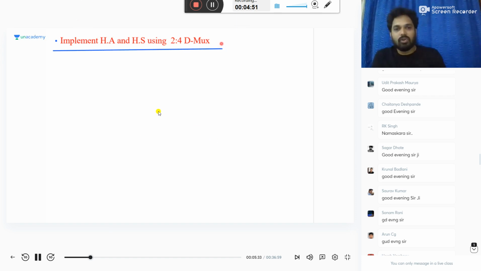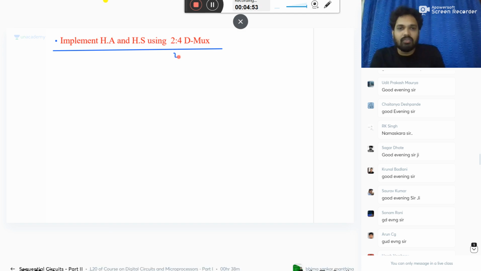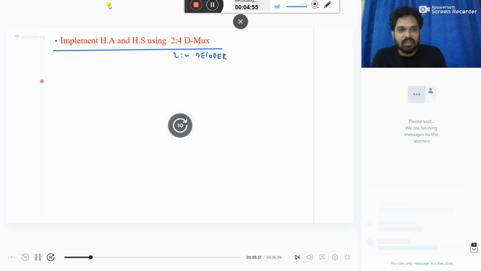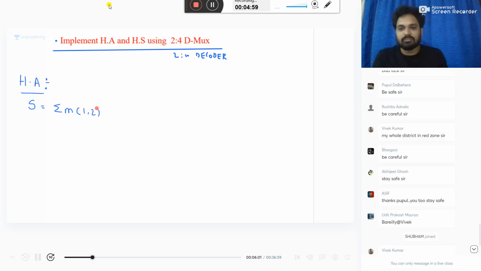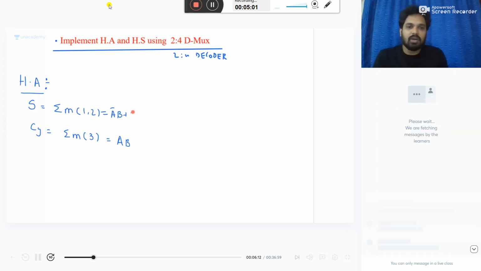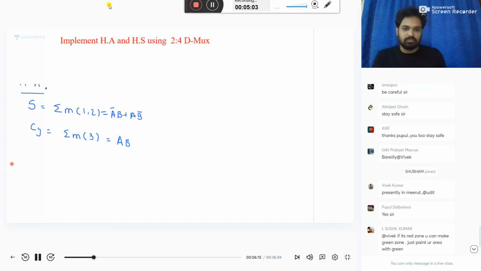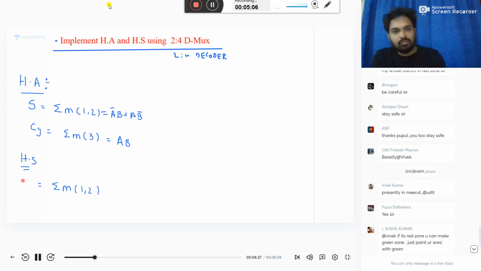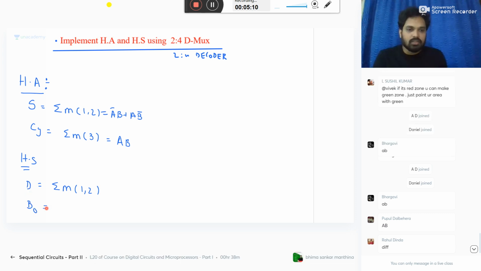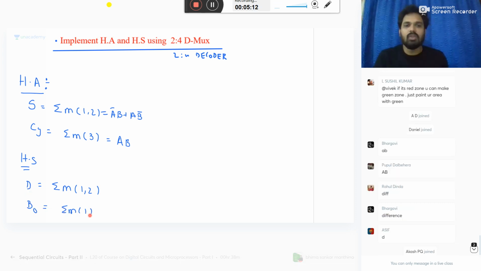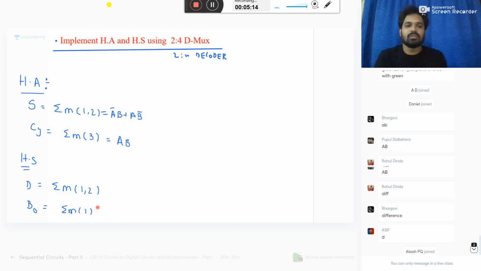You know, 2 by 4 demux is nothing but 2 by 4 decoder. Just come back to the class. Sum of A B, what about carry? A B. Similarly, what about difference and borrow? Sigma m of 1. I hope you remember this.